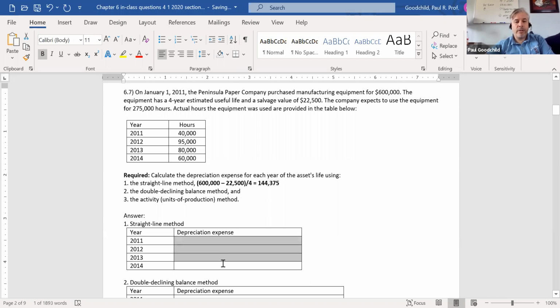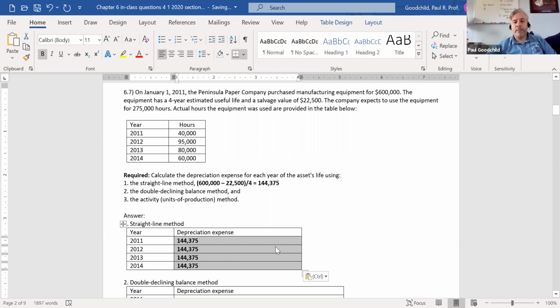So if we were to put that in the table, the depreciation expense for each year would be 144,375.